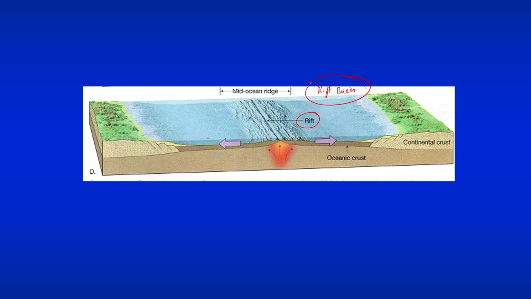So we have these paleo rift basins, or ancient rift basins, in India also. One is Kutch and another is Cambay, which is now known as Khambat. These are the two areas which we term as rift basins.